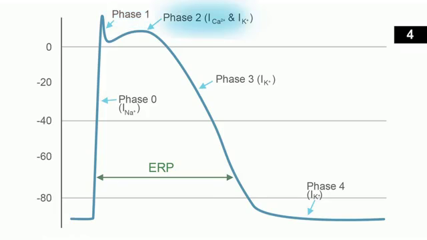Phase 2 is the plateau phase, due to voltage-gated calcium channels. Phase 3 is the repolarization due to opening of slow potassium channels. And phase 4 is your baseline membrane potential, which is mainly due to potassium permeability.